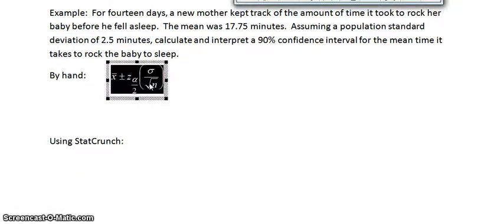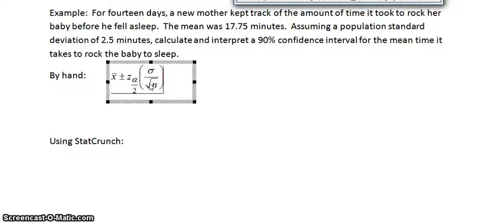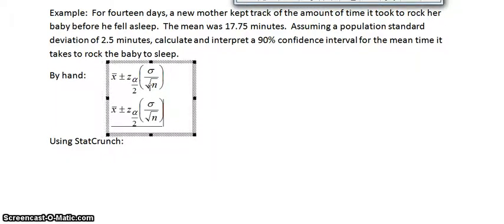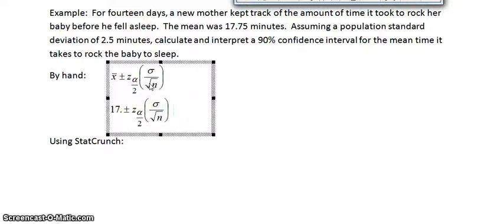And what I'm going to do is copy this down here and we'll plug in. So x bar in this problem, the mean, is 17.75 minutes. So 17.75 plus or minus. This is a 90% confidence interval and it's z, which means we're using 1.645.